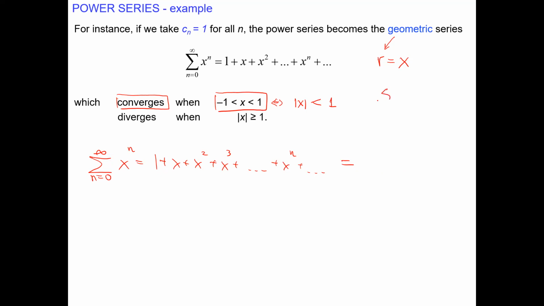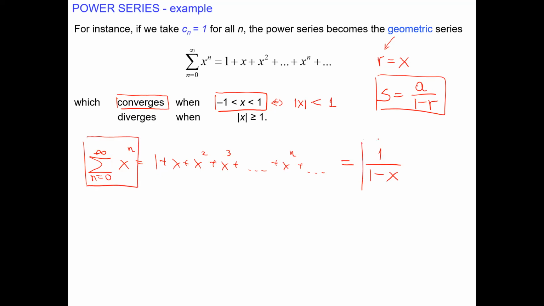We also remember that for a convergent geometric series, the sum equals a over 1 minus the common ratio. A is the first term, which is 1, and the common ratio is x. That will be quite an important tool in a minute.